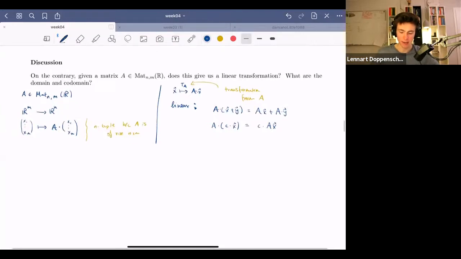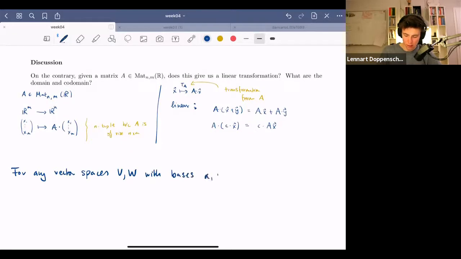But remember that Rm and Rn are exactly the prototypical vector spaces of these dimensions. So if you now continue this idea, and say for any vector spaces V and W with bases alpha, beta, we also need that the dimension of V is equal to m and the dimension of W is equal to n.